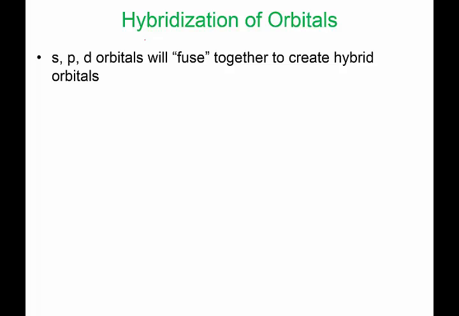So hybridization of orbitals is a theory meant to explain the valence shell electron pair repulsion idea.